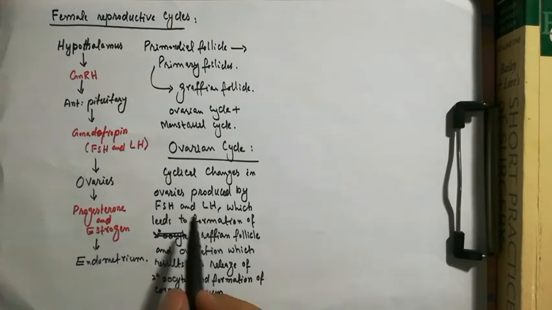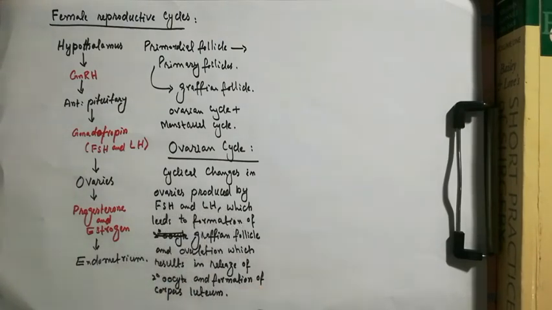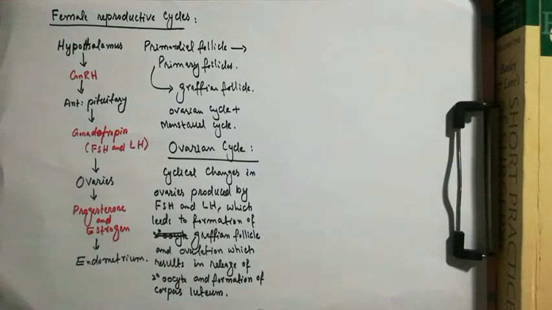Due to stimulation by FSH and LH, ovaries undergo cyclical changes. During each cycle, FSH stimulates growth and maturation of many primordial follicles, but usually only one reaches full maturity, others die on the way of maturation.